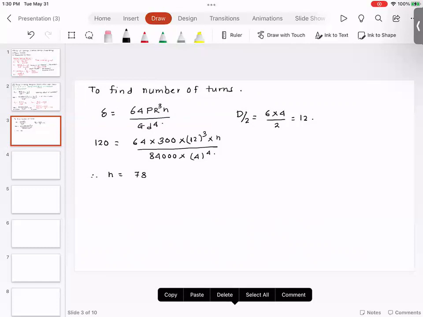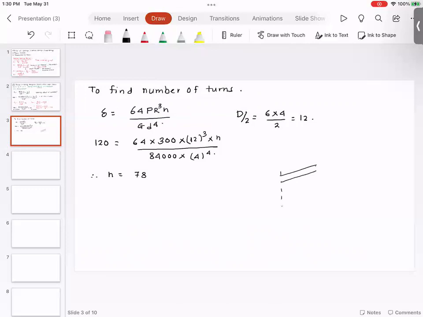Now, next thing is, let's look at how the spring looks like. So what we have, we have a spring like this.